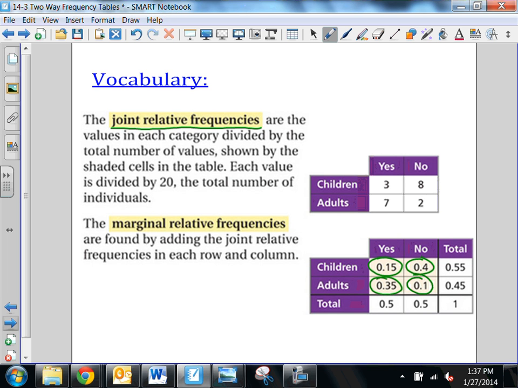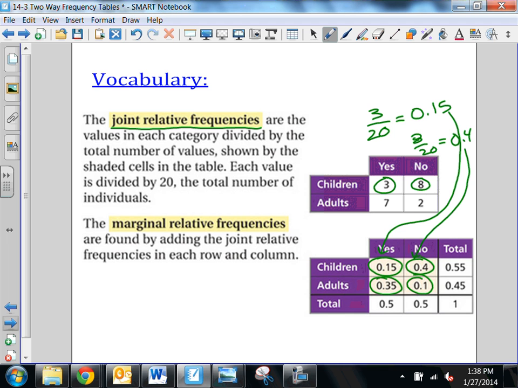And so the definition is we take basically this number 3 and we do 3 divided by, I think there's 20 overall. There's 20 total, so 3 divided by 20 is 0.15, and that number is going to go right there, okay? And then we've got 8 divided by 20, and that number is 0.4, and 0.4 is going to go right there, and so on and so forth.